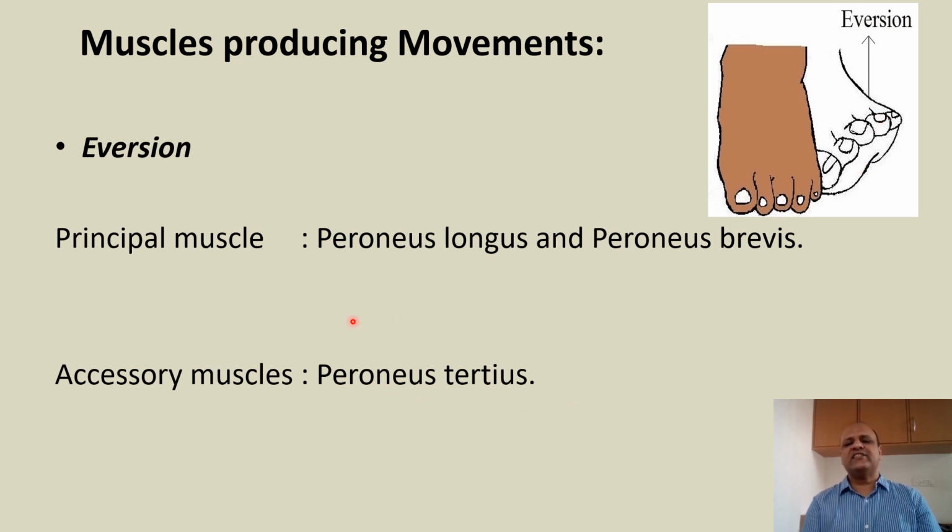So peroneus tertius is not at all a bulky muscle, it's a smaller muscle, and peroneus longus and peroneus brevis are the two muscles of the lateral compartment of the leg, the principal muscles responsible for eversion of foot, while the accessory muscle is another peroneal muscle, but of the anterior compartment of the leg, called the peroneus tertius.